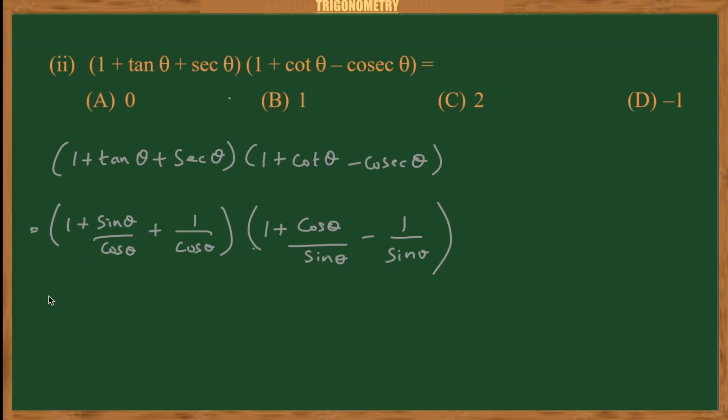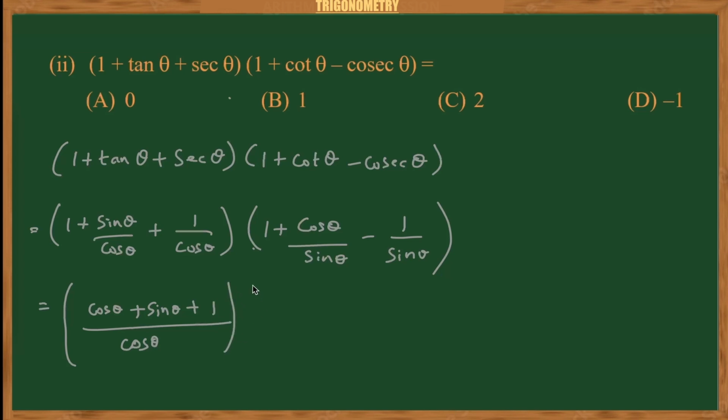So we can take the LCM in this cos theta. So it will be cos theta plus remaining sin theta, cos theta is already plus 1.